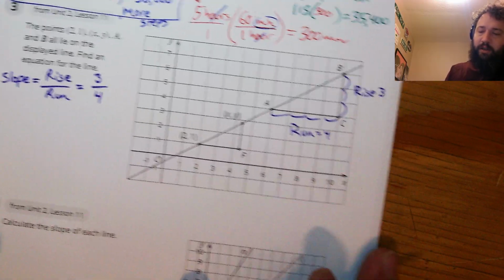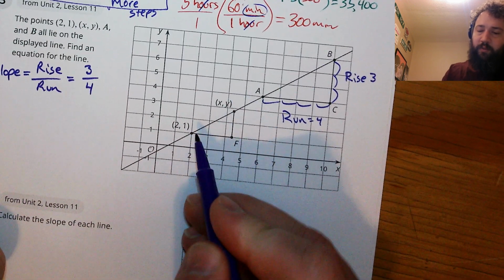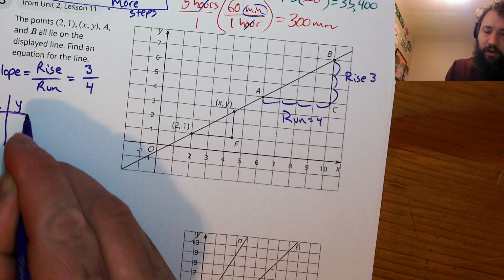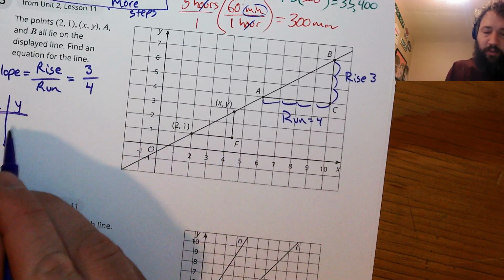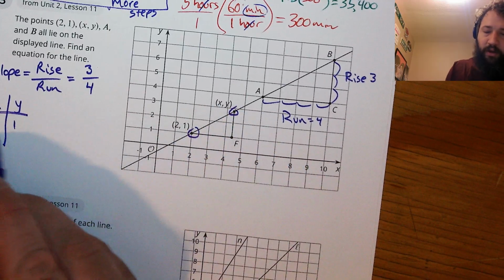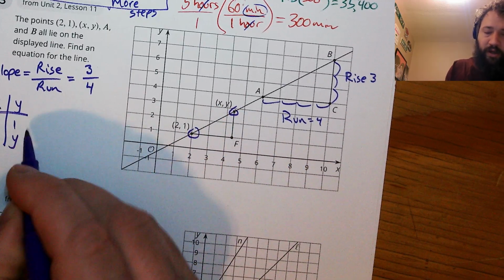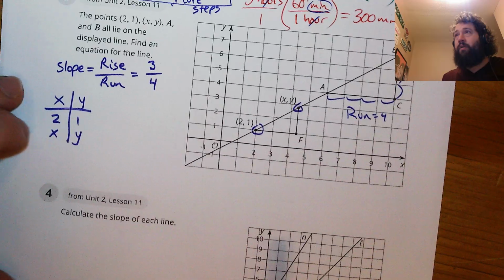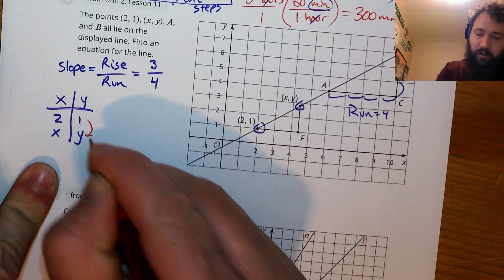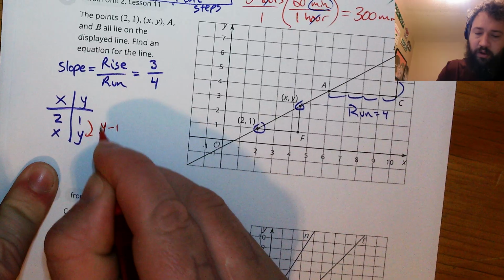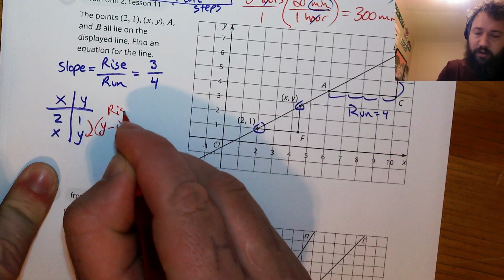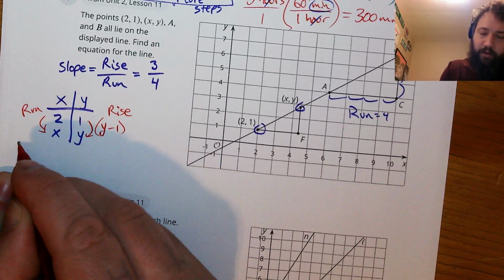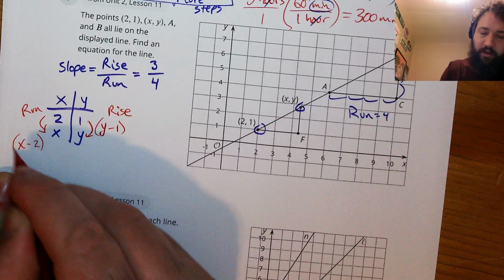I can also do the same thing with these ones. I could set up a little table and find my slope with these 2 points, this point and this point. (2, 1) and (x, y), and here the rise will be y minus 1. That's my rise. And here will be my run, so x minus 2 is my run.